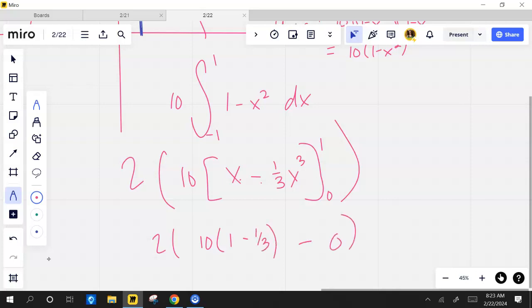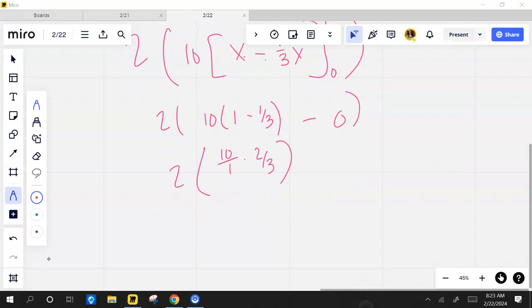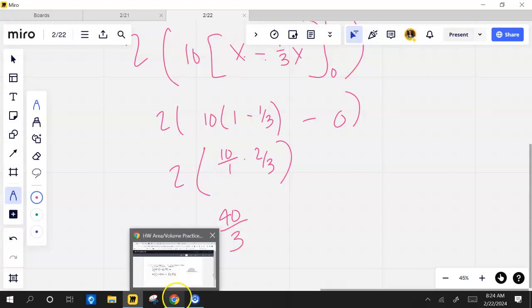This is 0 over here. 2/3, 10 times 2/3 doubled would give me 20 over 3, 40 over 3. For 1.